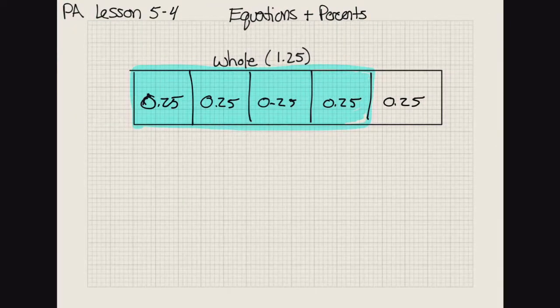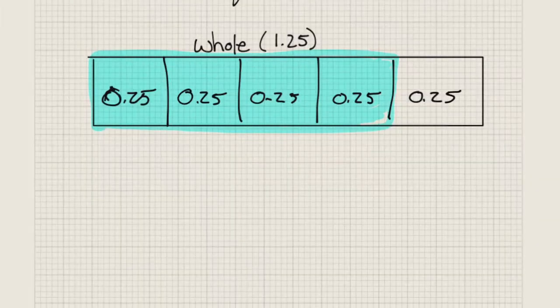Okay, so approximately 1 is shaded. How much of 1.25 is the part 1? Okay, so that's kind of what we're getting at here.